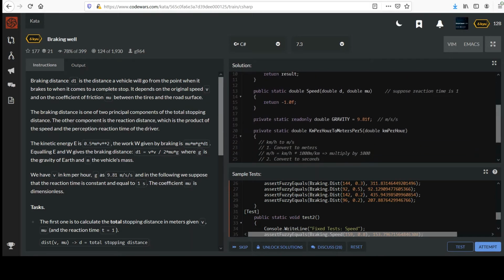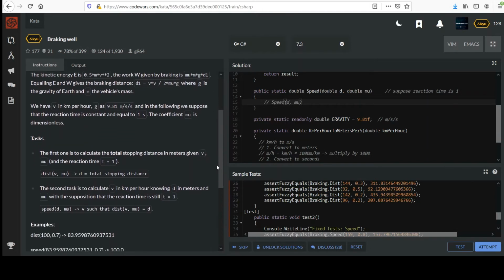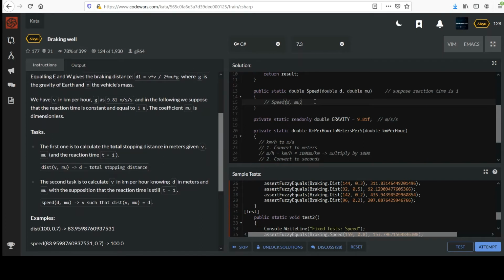And so let's think about this. What did they give us? We had the speed given the parameters d and mu. That was it, wasn't it? Yeah, d and mu should return a velocity.